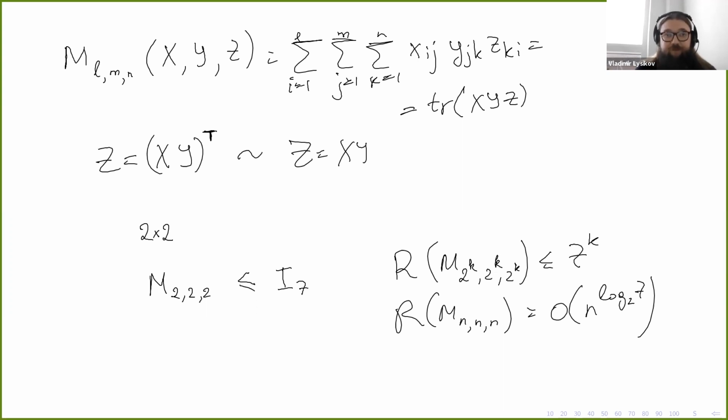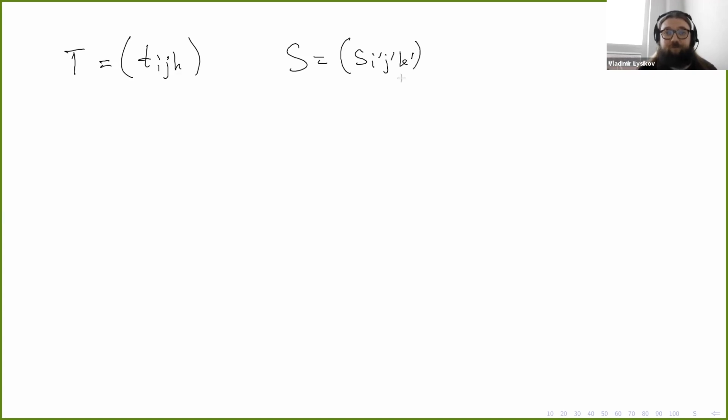And in tensor language, it's usually given by Kronecker products. So if you have 2 tensors, which in coordinates are given by some t_{ijk} and s_{i'j'k'}, we can form a tensor product, a Kronecker product of t and s, in the same way we form the Kronecker product of 2 matrices.